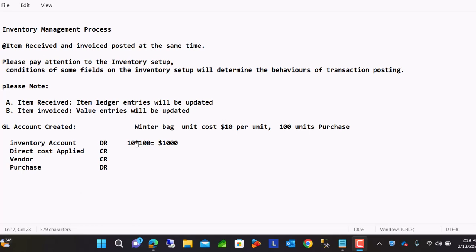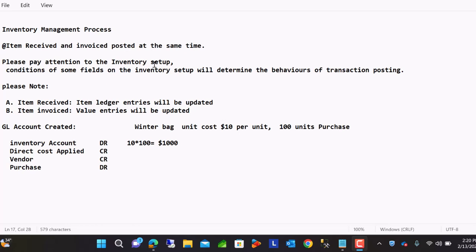Today we will be looking at how an item purchase is being posted to the general ledger, and there are a number of factors that also influence how some of the transactions behave on the general ledger entries. Today we'll be looking at when an item is being received and invoiced at the same time. You receive the item purchase, and you also invoice at the same time.